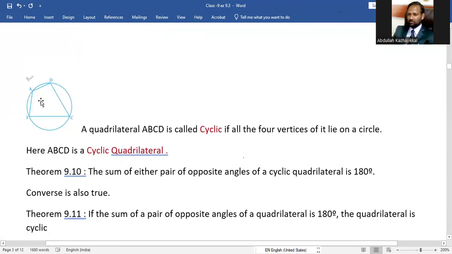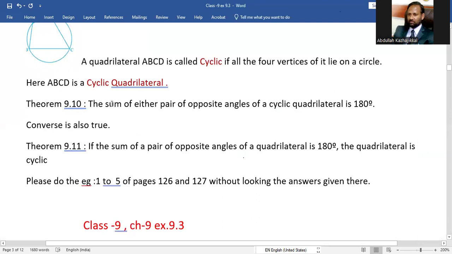I call ABCD cyclic if all the 4 vertices lie on a circle. I think it is understood.